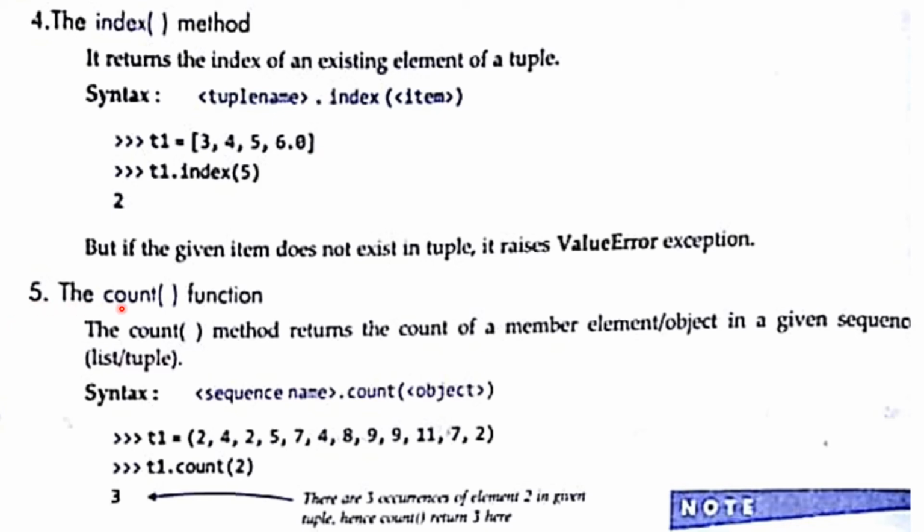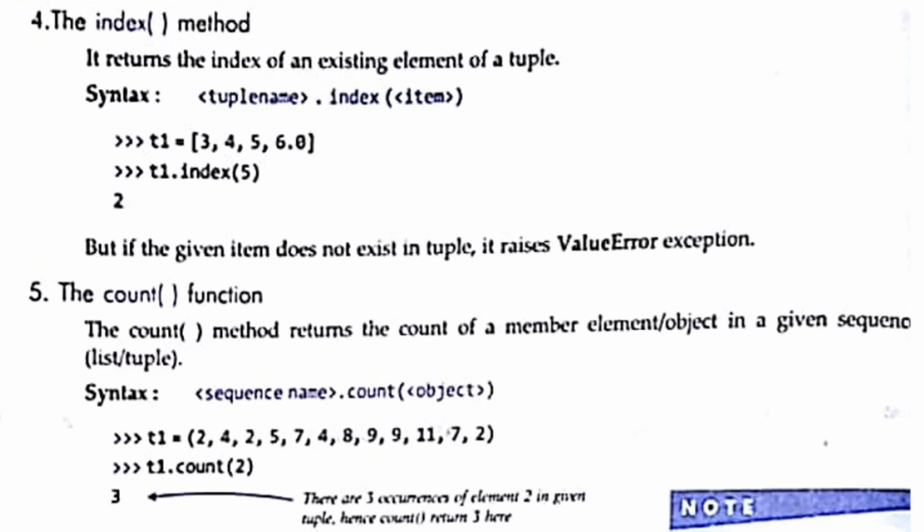The next is the count function. The count function returns the count of the number of elements or objects given in the list or tuple. It will tell you how many times a particular element is given in the list or tuple. In the same way as in the list, we can count particular elements given in the tuple.